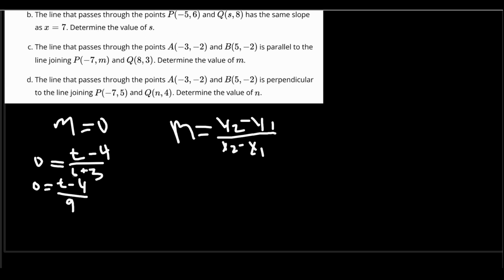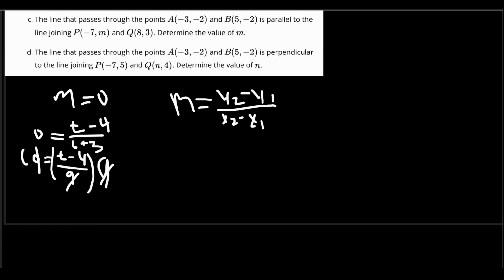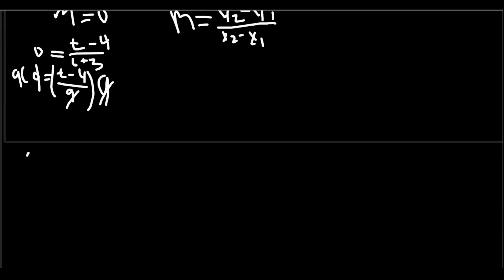We can just multiply both sides by 9 to cancel out these 9's, and 9 times 0 is just 0. So we have 0 is equal to t minus 4, and if you add 4 to both sides, you get 4 is equal to t.